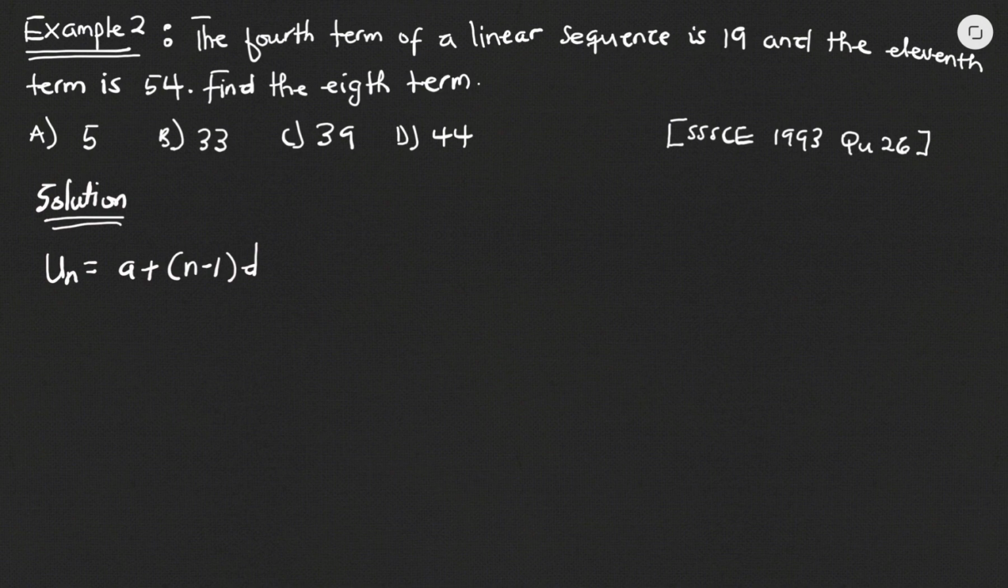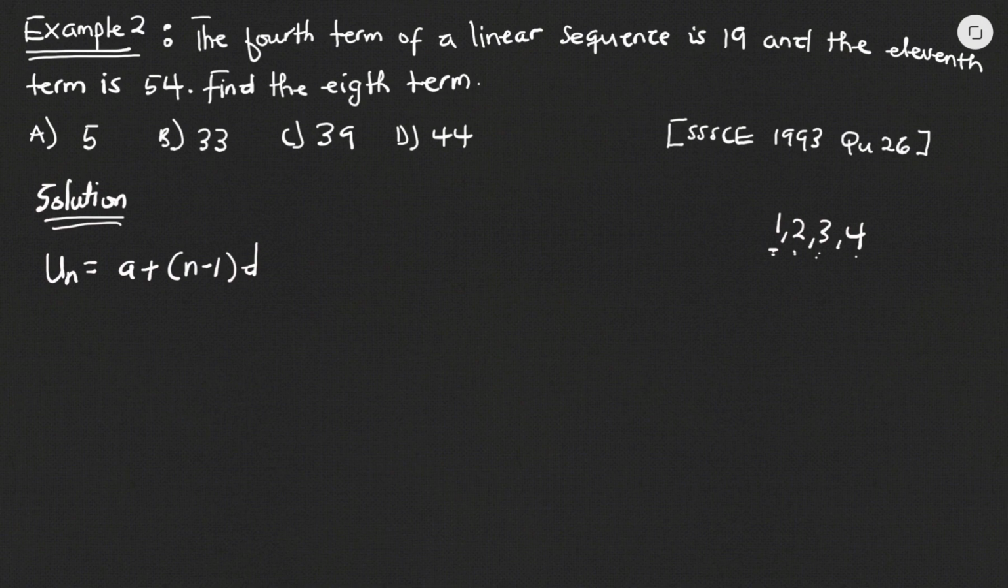For instance, if I have 1, 2, 3, 4 as my sequence, 1 becomes my first number, and that becomes the a. The difference between the second and the first number, or the third and the second number, or the fourth and the third number, becomes our d. That's the difference between two consecutive numbers.